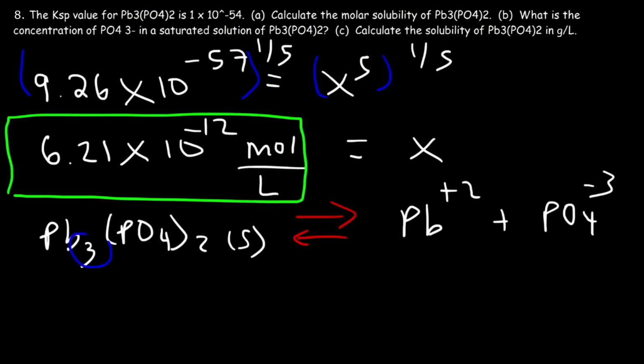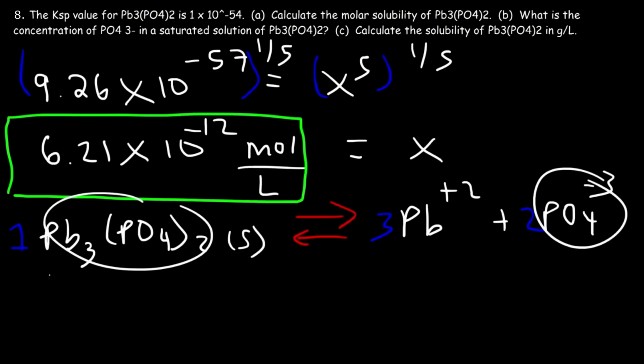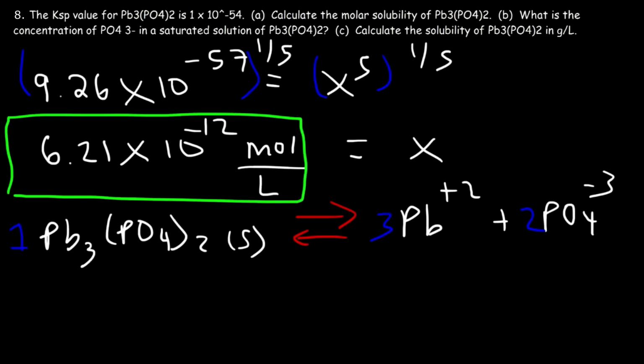Now the coefficients, the subscripts are 3 and 2. So to balance it, we need to put a 3 here and a 2 in front of phosphate. So to calculate the concentration of phosphate, notice that it's twice the value of the amount of lead 2-phosphate dissolved in the solution. It's a 1 to 2 ratio.